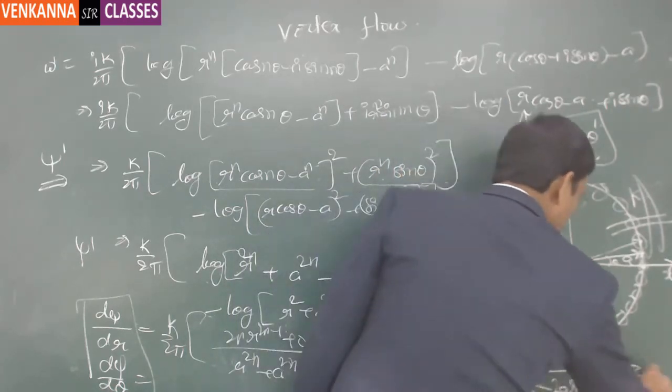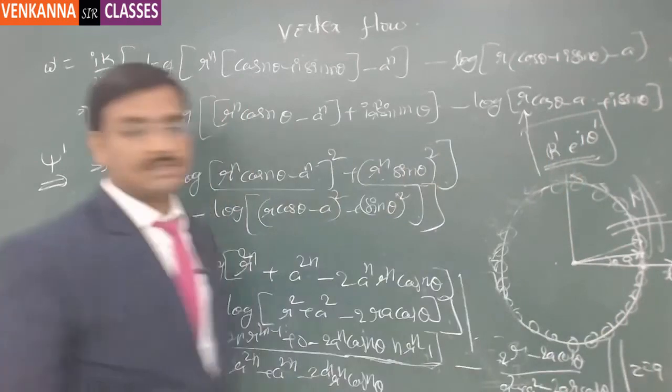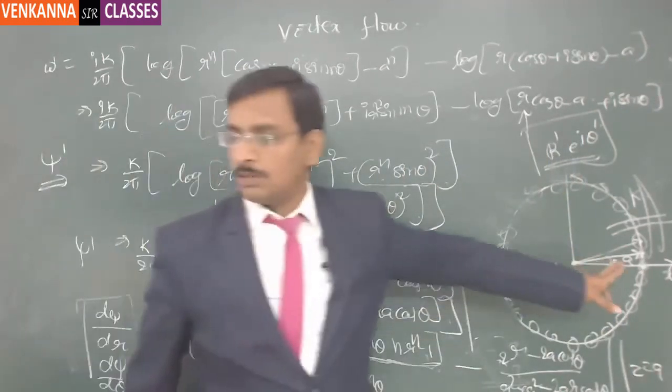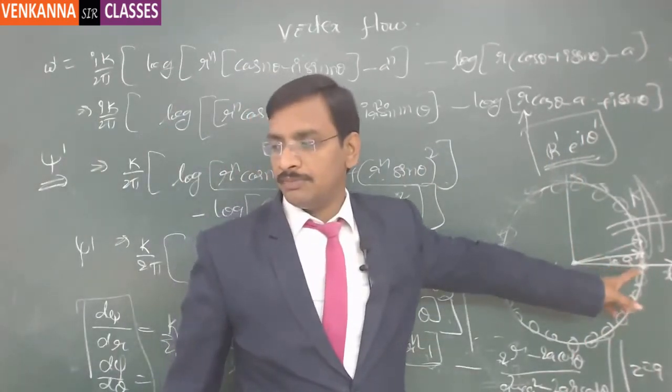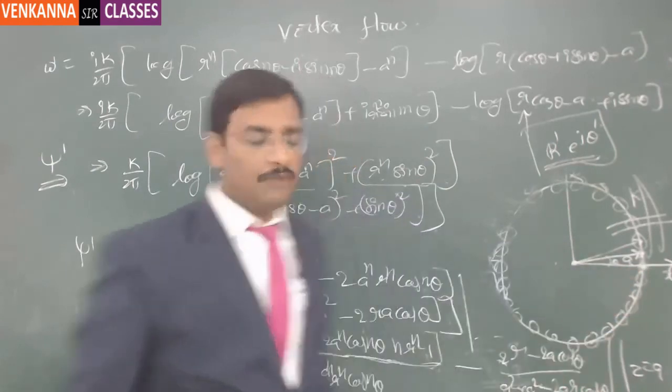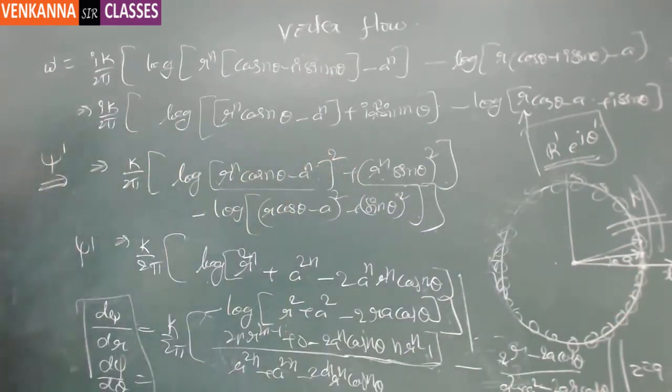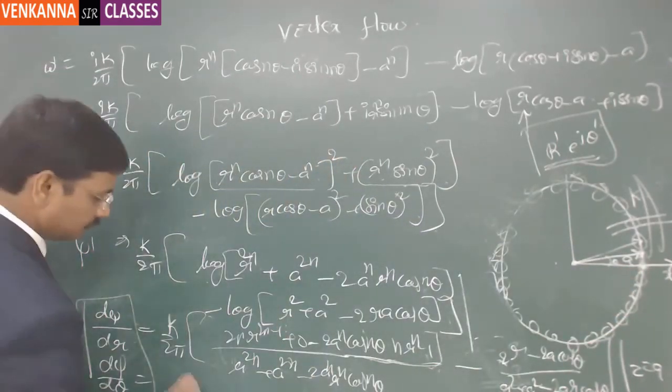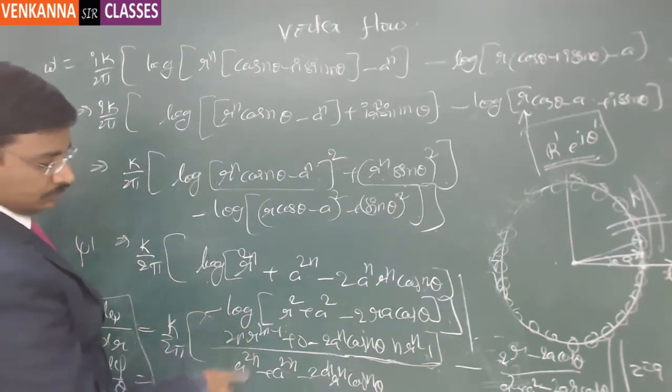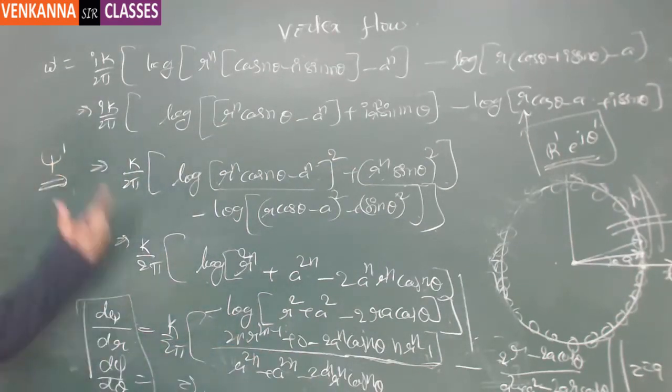For this you need to substitute r is equal to a, because that's what we wanted to find out at this particular point: what is the direction of the stream? Now for this one, if you substitute it, note it down till this point.